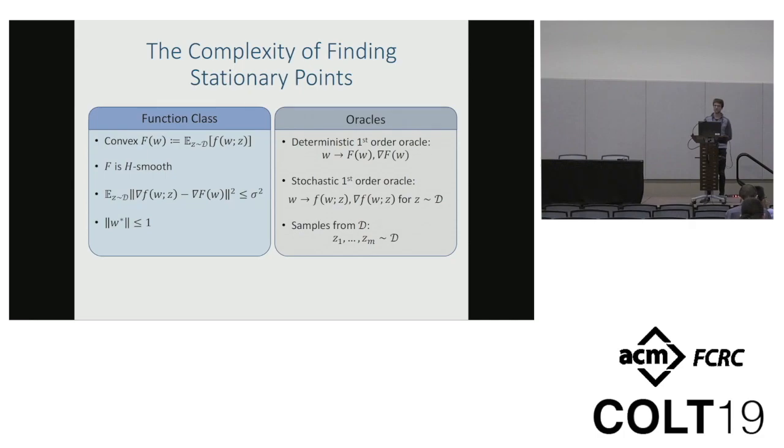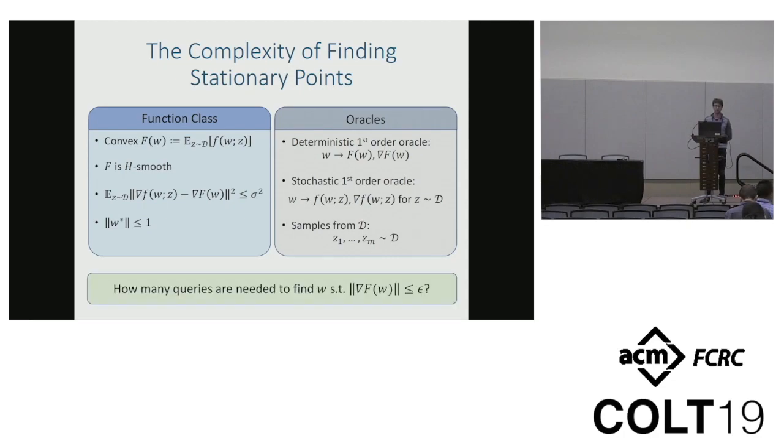We have stochastic first order access to the objective via these component functions. And we consider a third case in which you get samples from the unknown distribution and you have full access to the component functions. This gets at the sample complexity of the problem. The goal here is to understand how many queries of these types are needed in order to find an epsilon stationary point of the objective.